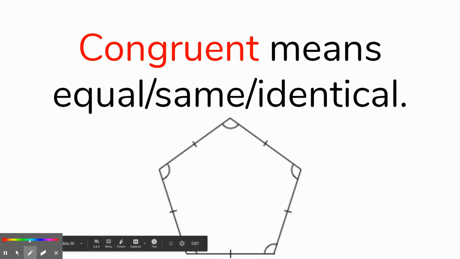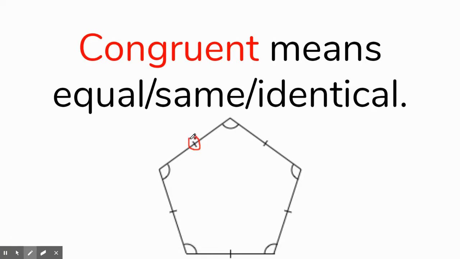These lines right here. See how each side has one of these lines in it? That's a way to show if something is congruent. Since all of these sides have that one line through the middle, that's a way of looking at it and saying, hey, this side is the same as this side, this side is the same as this side, and so on.